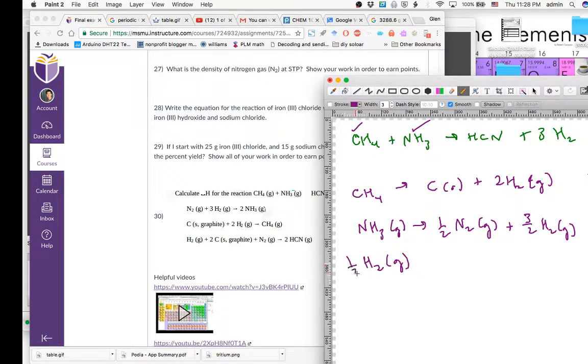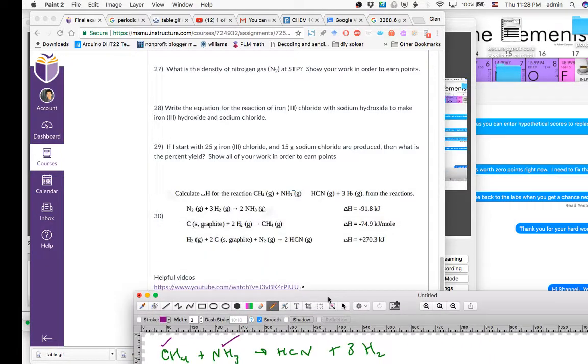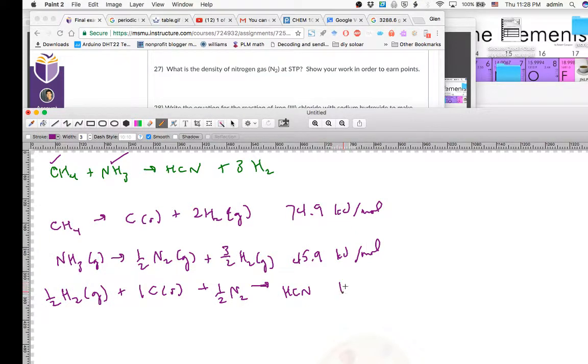So 1/2 of those. 2 divided by 2 is 1, plus 1/2 of a nitrogen makes HCN. Now I divided everything by 2. I did not flip, so this is going to be positive 135.2 kilojoules per mole.